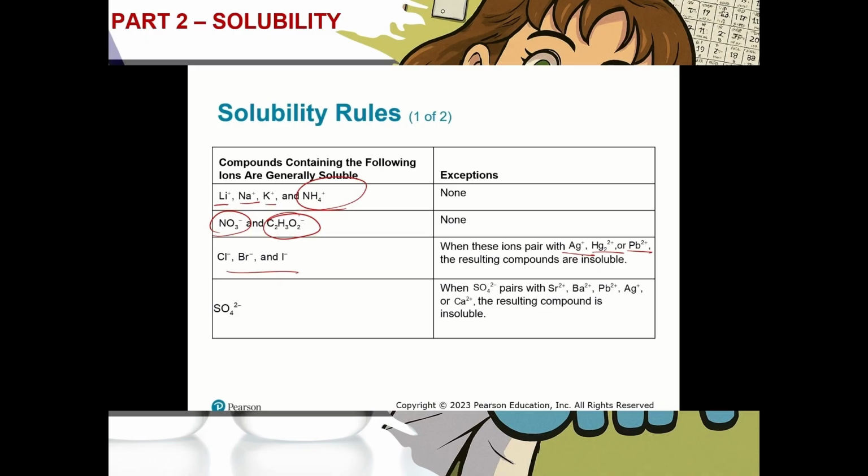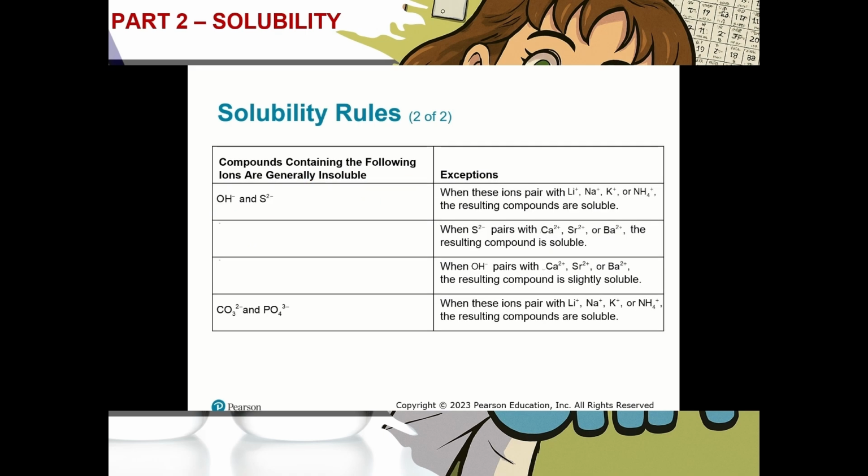My advice is that you know that nitrate, acetate, lithium, sodium, potassium, and ammonium are always soluble. Then you focus on the remaining ones. Also hydroxide and sulfide will not be soluble.